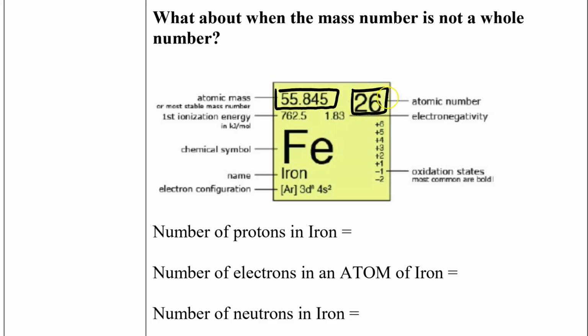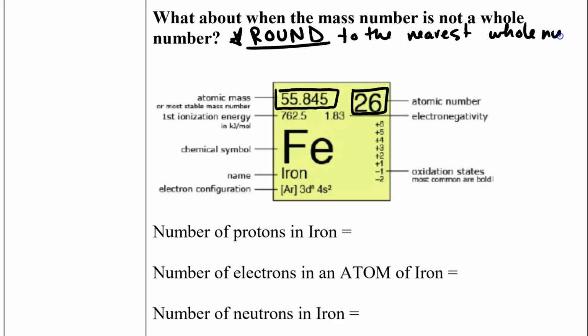So we highlighted the things that are important. We have the atomic number of 26. That doesn't change from periodic table to periodic table. But this atomic mass number, it's not a whole number. So what we need to do is we must round to the nearest whole number.